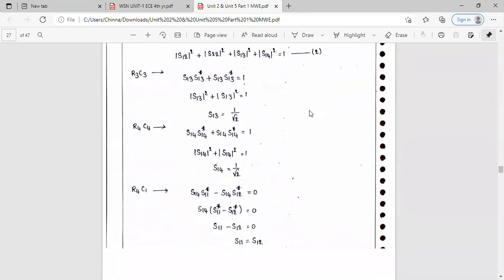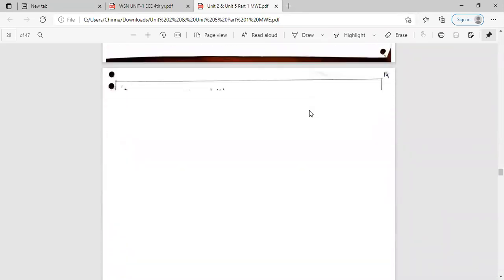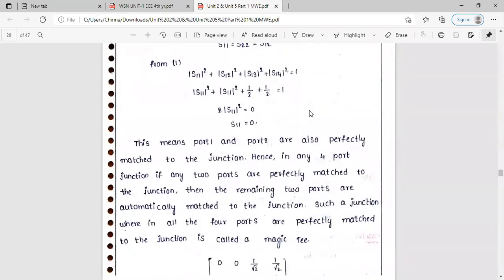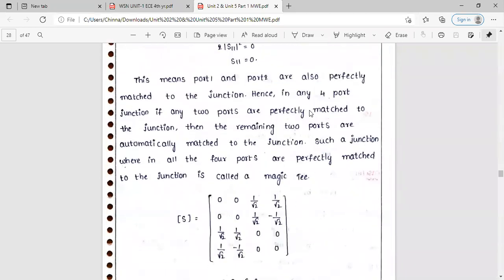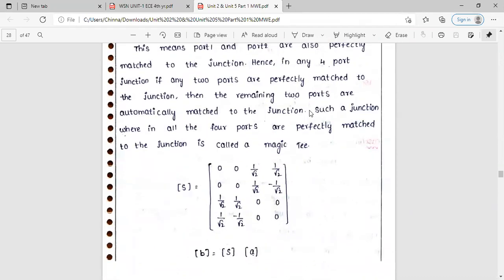Whenever you solve the matrix equation, we finally obtain that port 1 and port 2 are also perfectly matched to each other, and port 3 and port 4 are perfectly matched to each other. So all 4 ports are perfectly matched, and then we call it a magic tee.